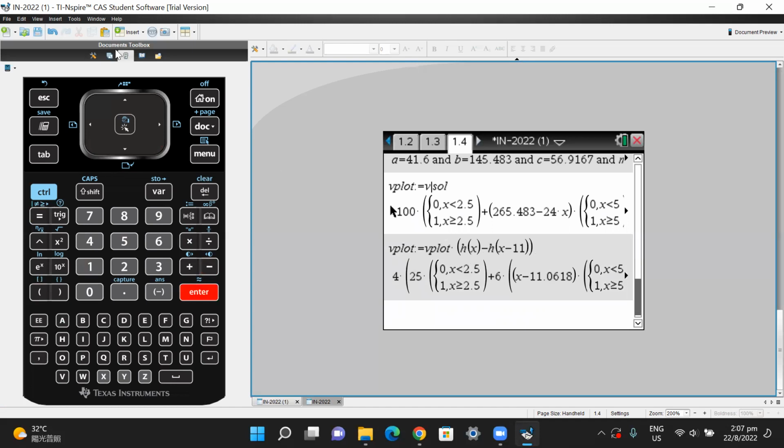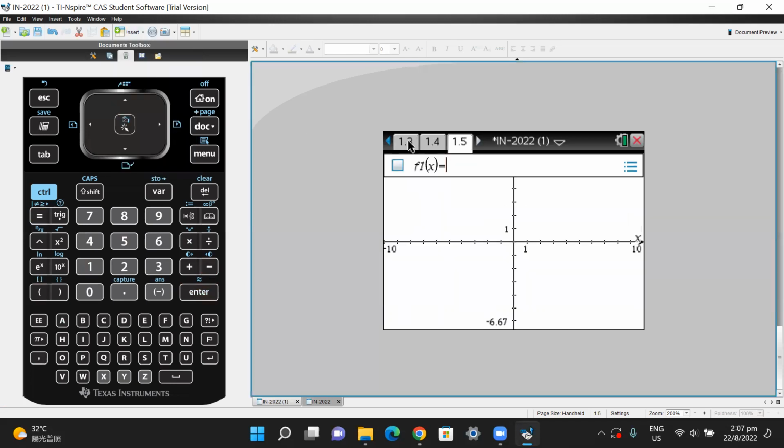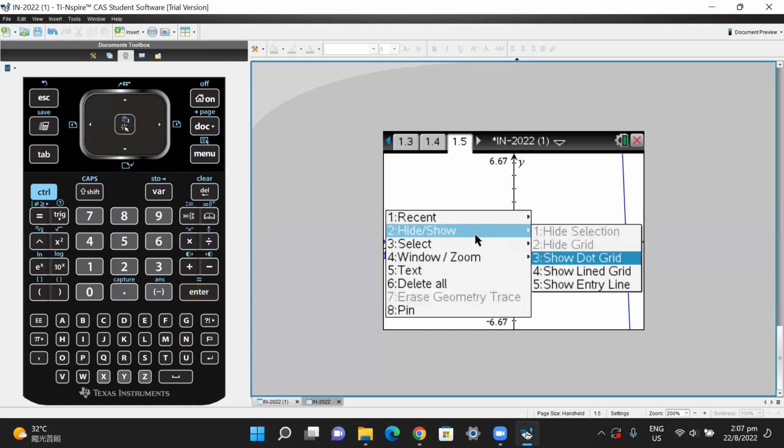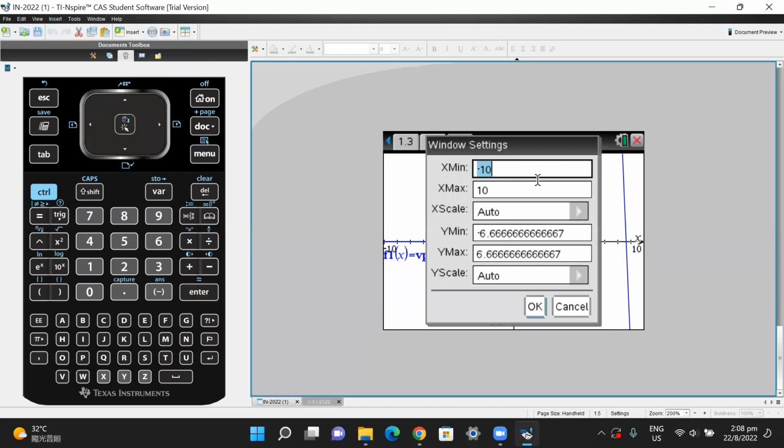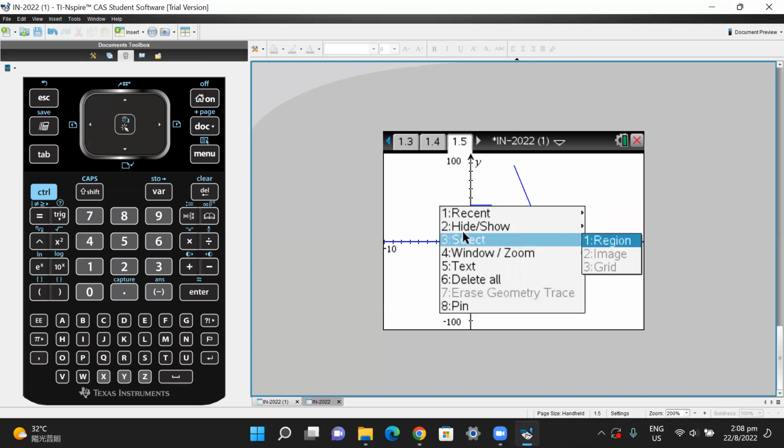Okay, and let's see if we could plot the V graph. And we should adjust the window setting. And let's put X maximum should be 20 and Y should be negative 100 to 100.